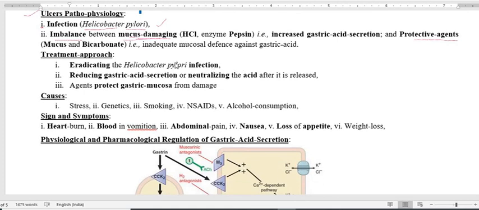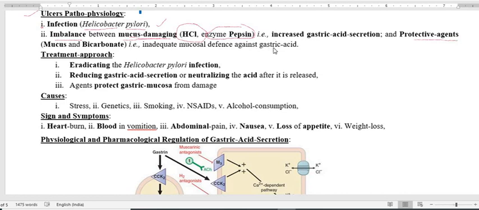How? If the amount of mucus is less, and the HCl, hydrochloric acid, is secreted more, and the enzyme pepsin is more, then because of the lack of mucus, it will damage the mucosa of the gastrointestinal tract.